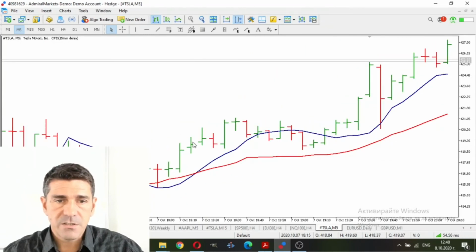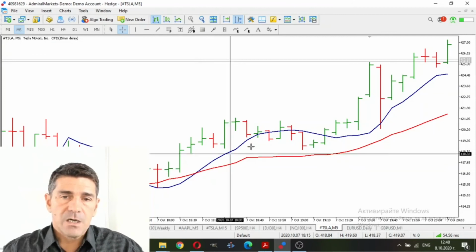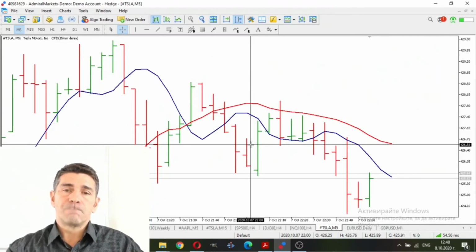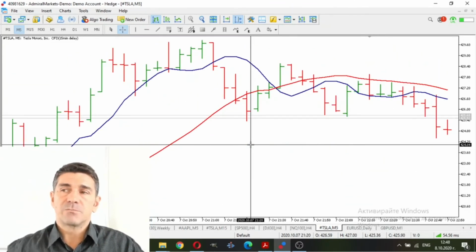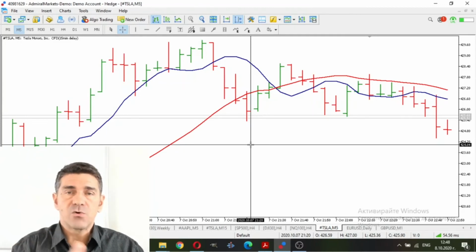Let's see here, when we have such a golden cross right here. And also once again, please consider the moving averages. It is what it is. It is just a mathematically calculated indicator. And also keep in mind that they are a lagging indicator. They represent what has already happened.